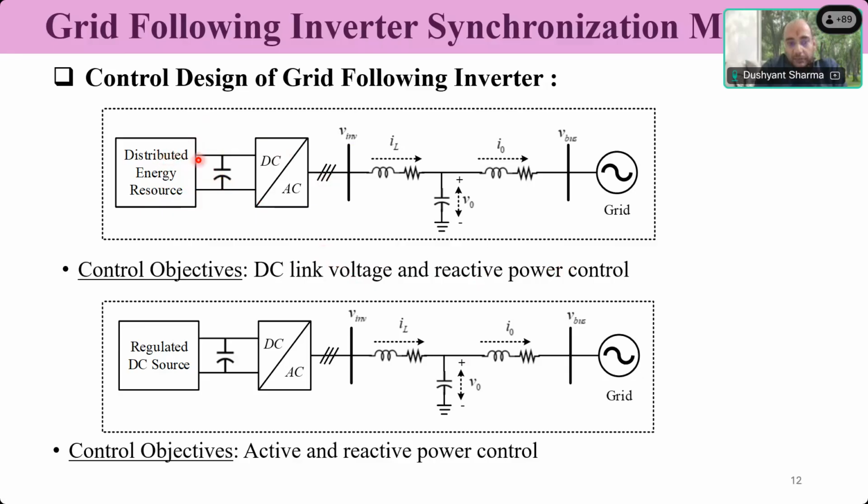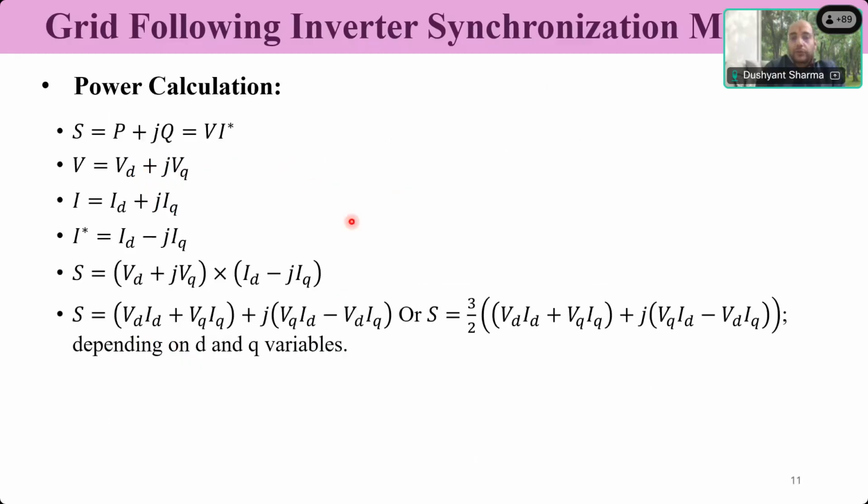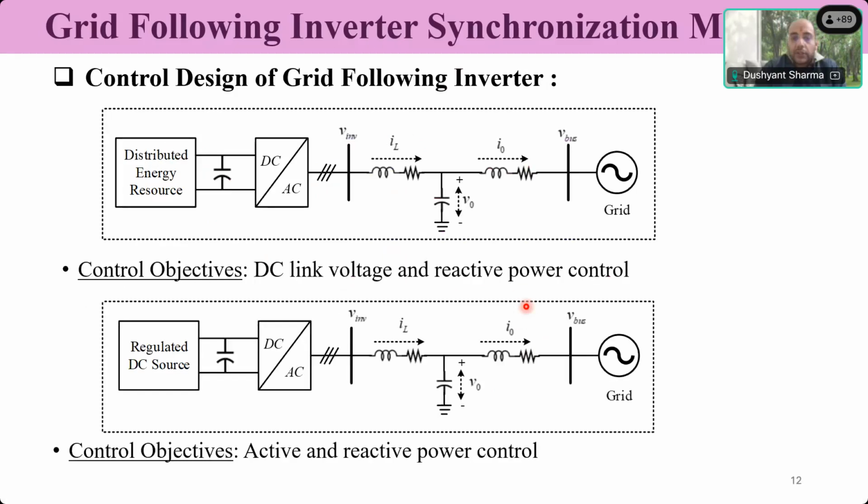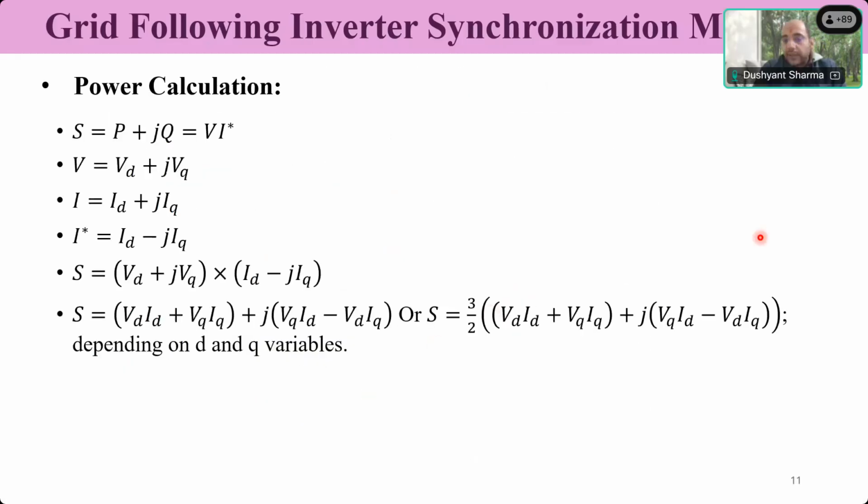If the power from the source is less, and more power goes into the network, the DC voltage will come down, the DC voltage will fall. So that means the DC voltage is related to power, and therefore whether it is power control or DC link control, they are related to the same thing. So for both DC link control and power control, we control this ID variable, and for the Q control, we control the next variable, which is IQ.